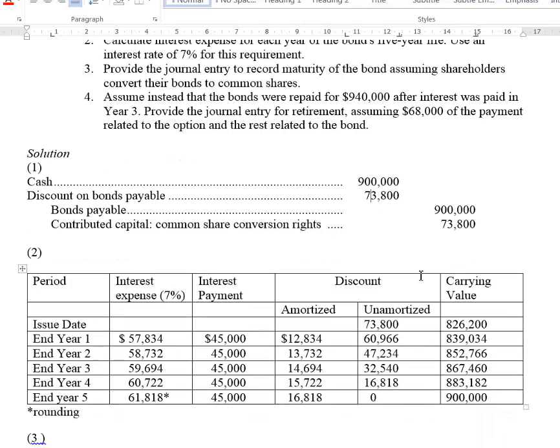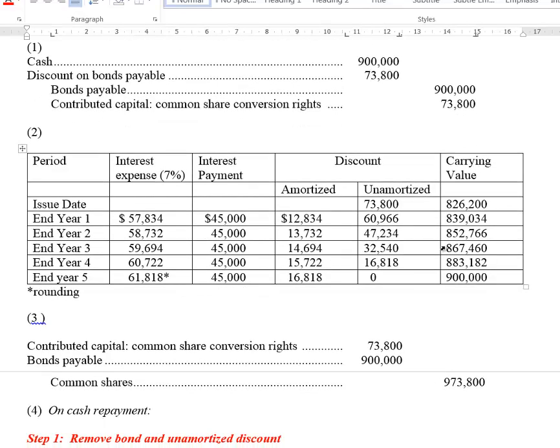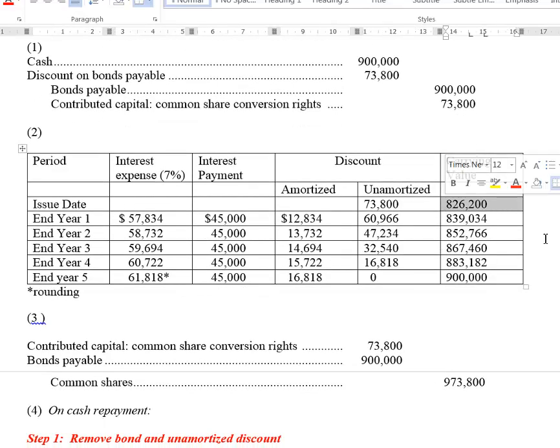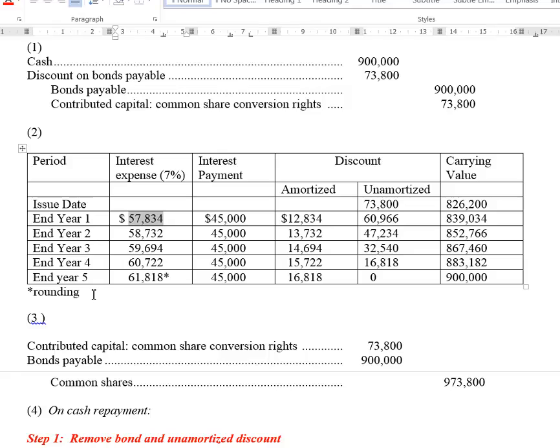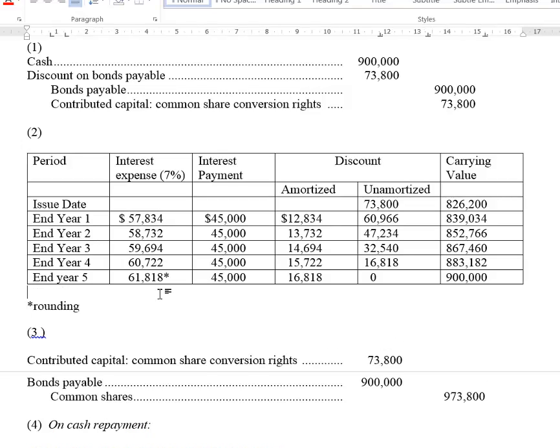To calculate the interest expense each period, what are we going to do? We're going to take the carrying value of the bond to open each period and multiply it by 7% to calculate interest expense. So this number here, $57,834, would be equal to 826,200 times 0.07.